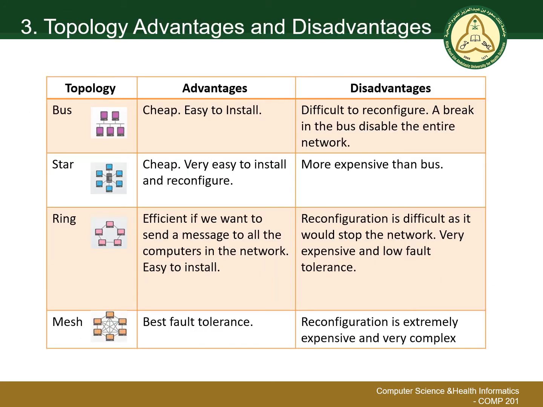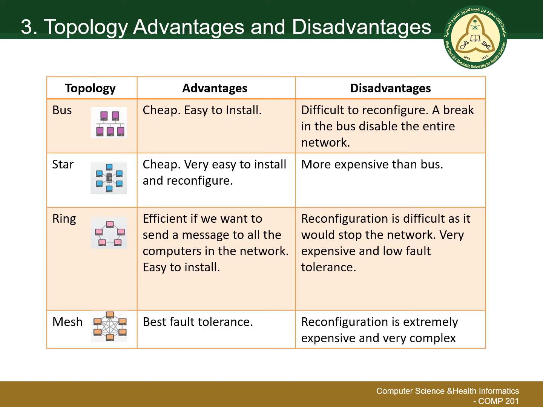Let's take a look in here between those different devices. Topology advantages and disadvantages: the bus topology, star topology, ring topology, and mesh topology. Those are the 4 different types of topology. The bus topology has advantages such as it is cheap and easy to install.